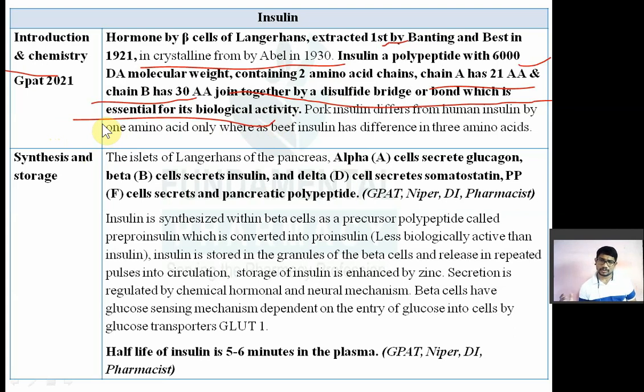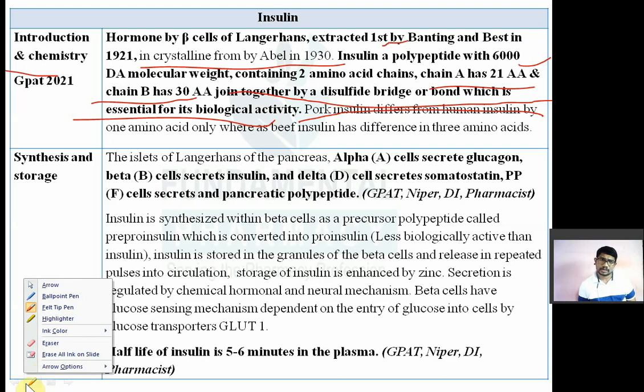Whatever insulin is available nowadays comes from different sources like pork insulin, beef insulin, and recombinant DNA insulin. Initially, it was obtained from animals and aquatic animals, for example, fish. Pork insulin is different from human insulin by just one amino acid.